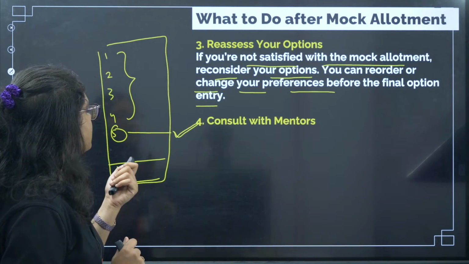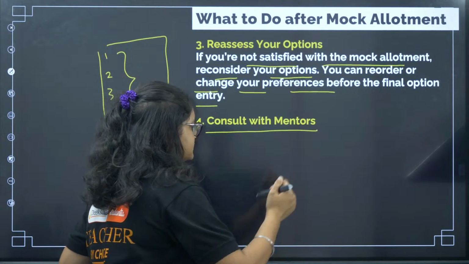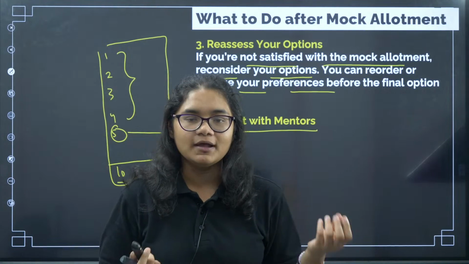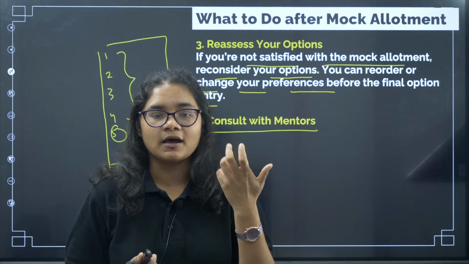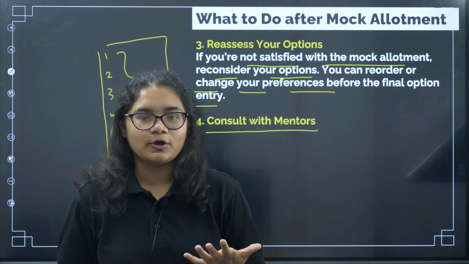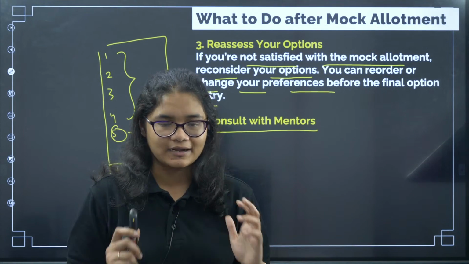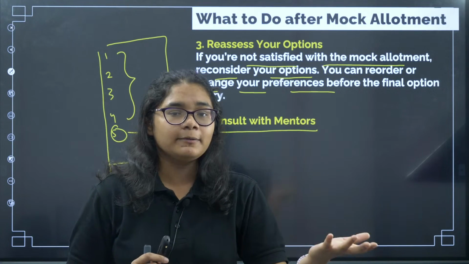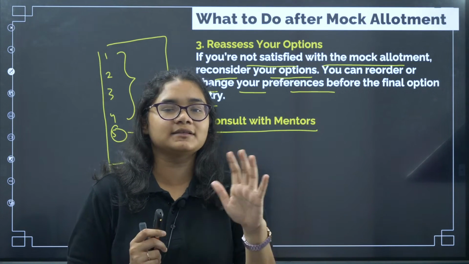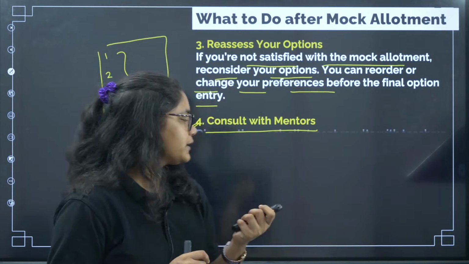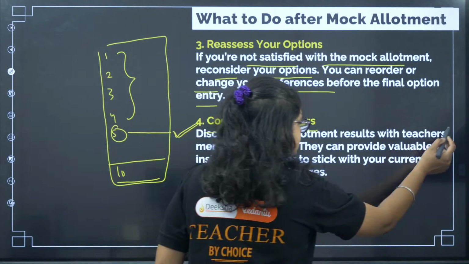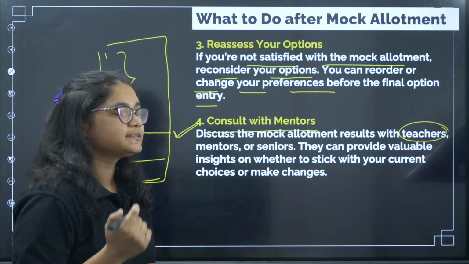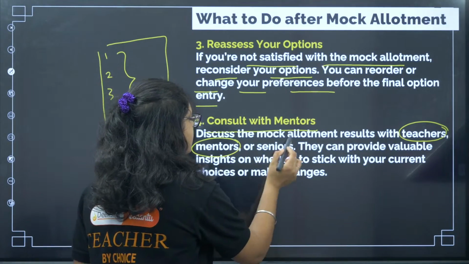Now coming to the next thing, consult with the mentors. So students, many of you must be experiencing this option entry counseling process for the first time, right? So that is why it is very important to take help from someone who has some experience in this. You can talk to your teachers, you can talk to your mentors, you can talk to your seniors.